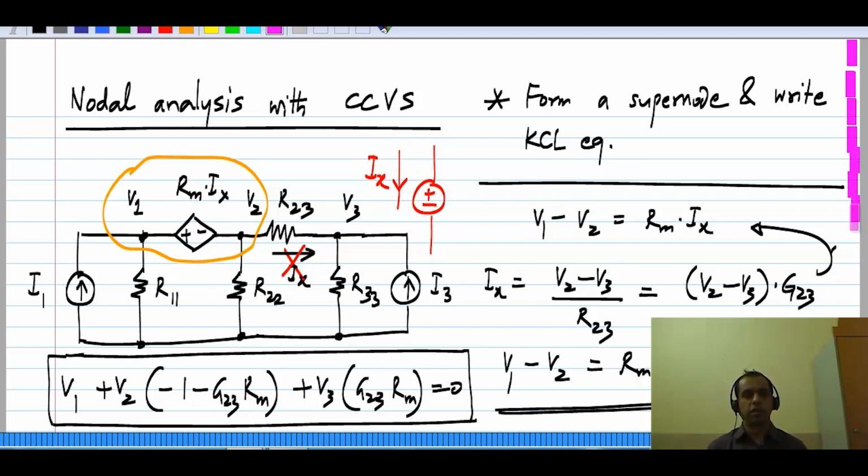That current itself is not current through a resistor, but current through a voltage source, whether it's controlled or independent. Now there is a problem because you don't know what the current through the voltage source is, and earlier we formed a supernode and ignored that current altogether, but here that current is controlling another voltage source.